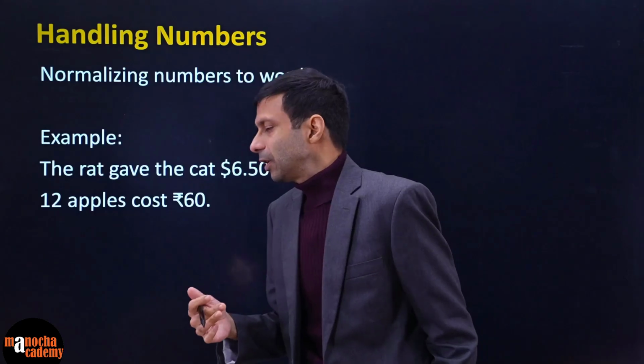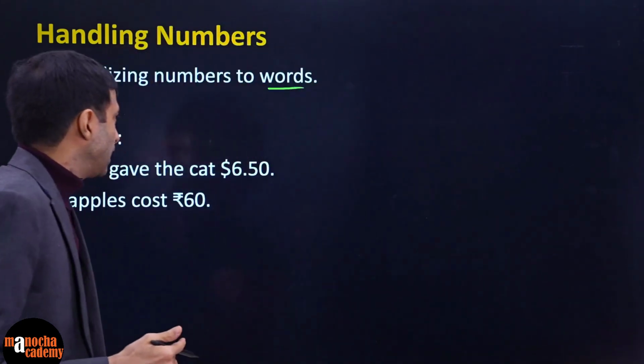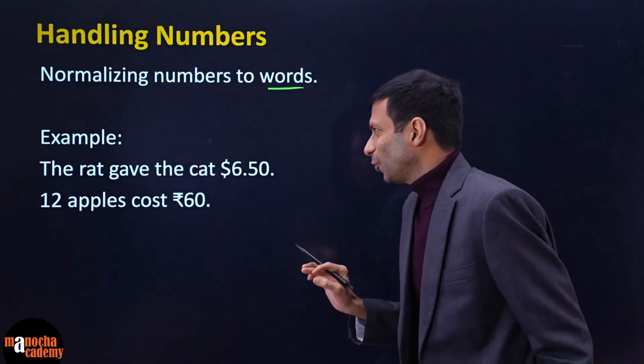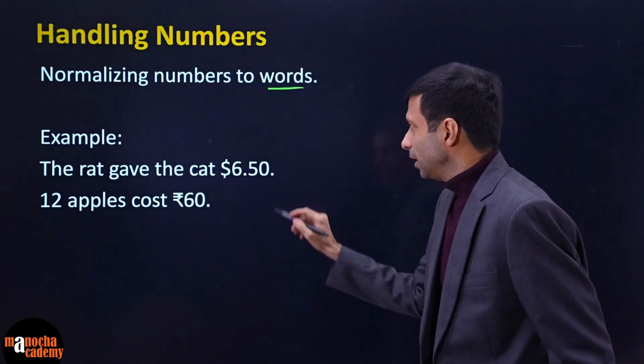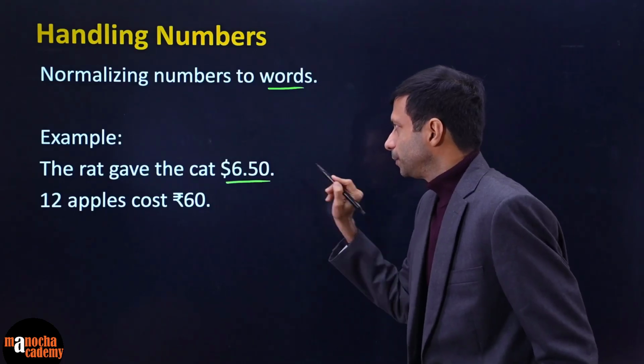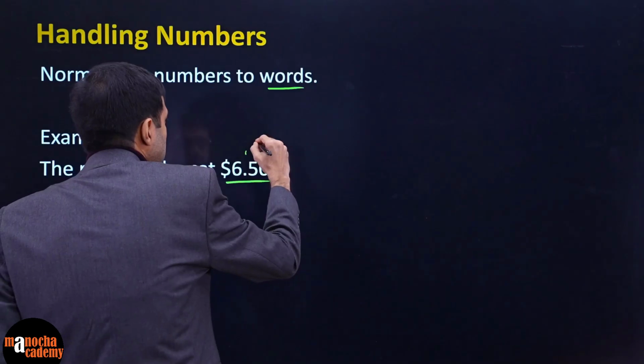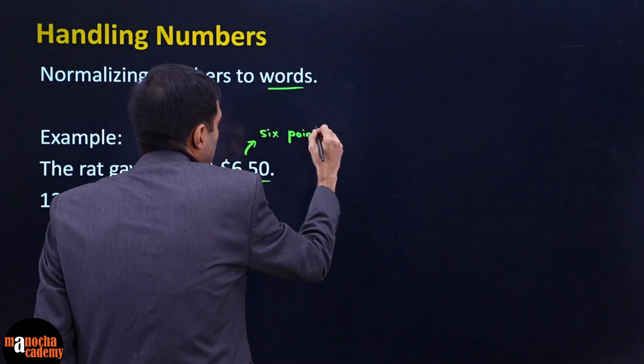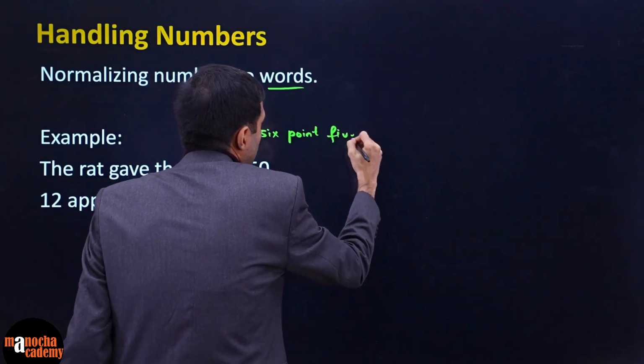Same way over here, let's say the rat gave the cat $6.5 so that the cat doesn't eat it up. He's basically bribing the cat. So here you can imagine, you want to normalize this. Maybe you will have a program which will change this into words.